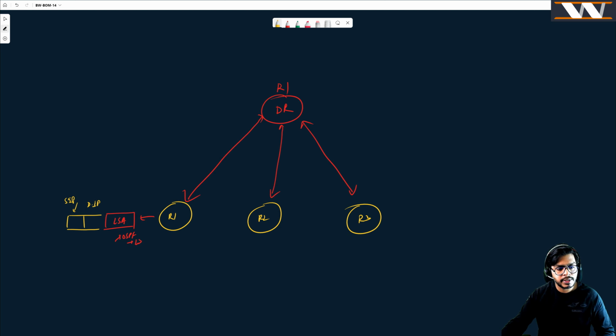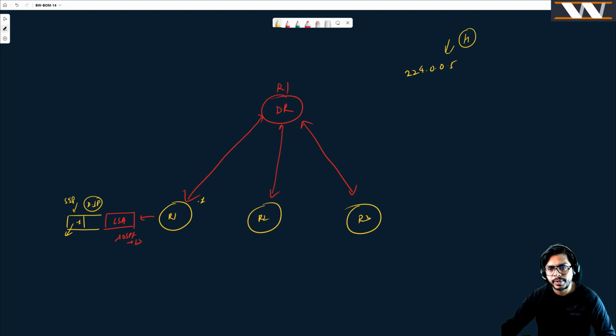So the source IP is going to be whatever we have here, right? Suppose this IP address is .1, and here comes the destination IP. Generally, we send all this hello information on the multicast address of 224.0.0.5. We send the hello packets here. It is as simple as that, right?